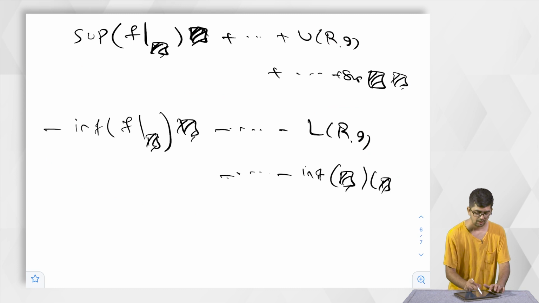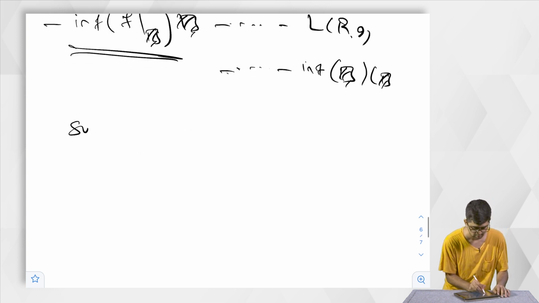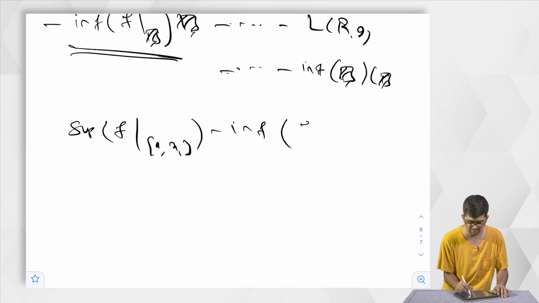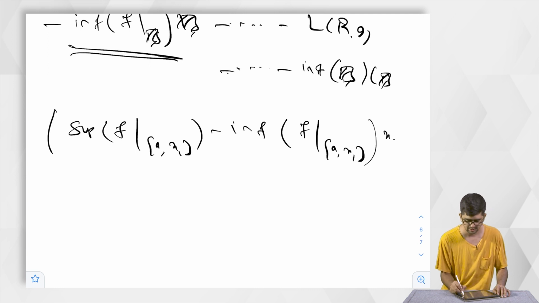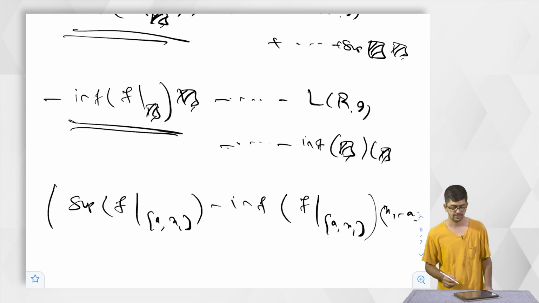Observe, consider this part: supremum of f restricted to [a, x1] minus infimum of f restricted to [a, x1], times x1 minus a. I am only writing the first part, but the same thing is true for any other element.